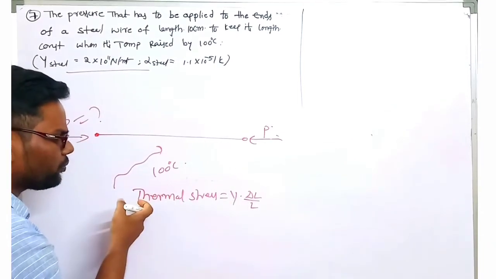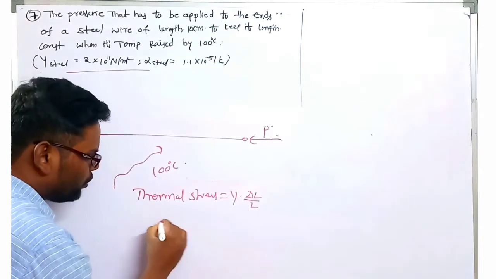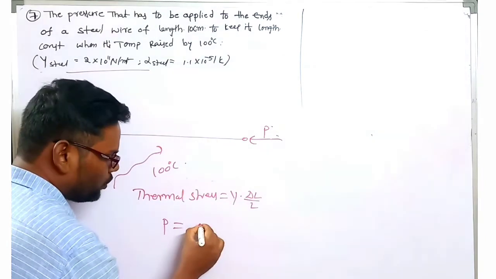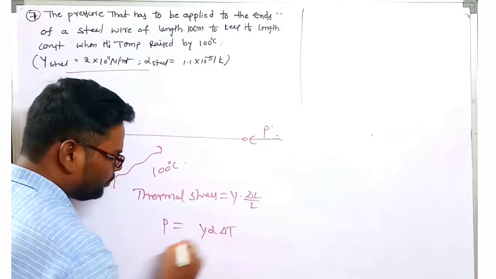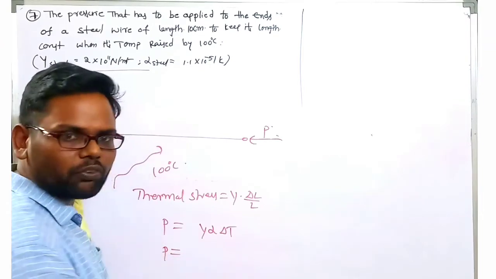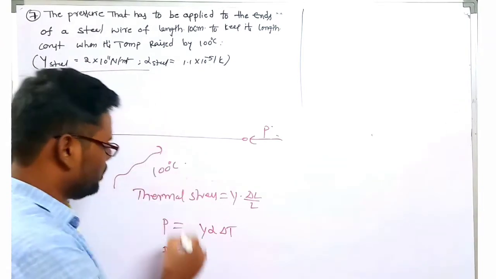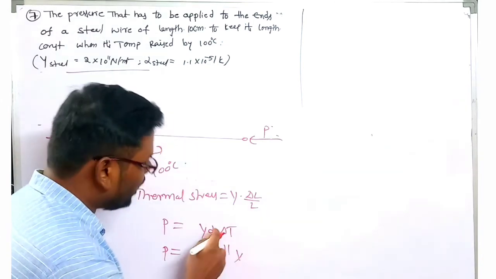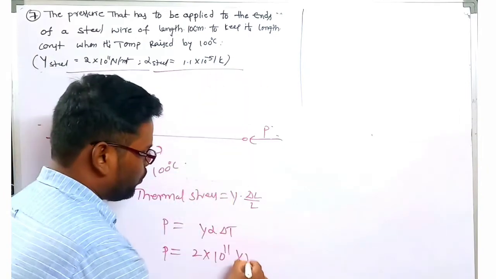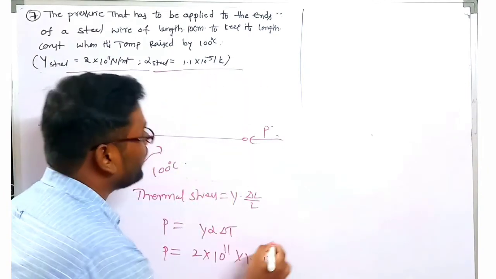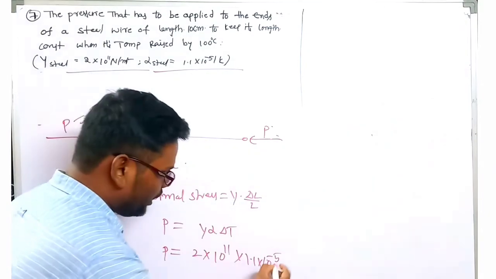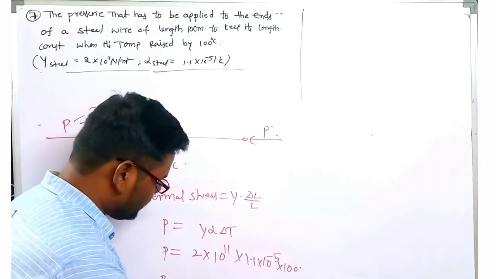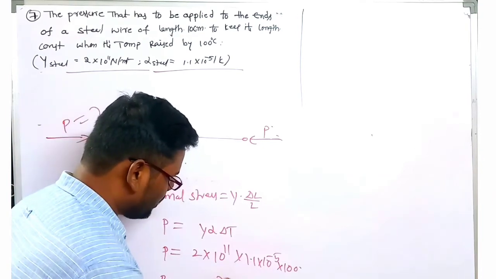We can write the thermal stress as the pressure, so P is equal to Y alpha delta T. In the question itself they have given Young's modulus, 2 into 10 to the power of 11, alpha is 1.1 into 10 to the power of minus 5, and delta T is 100. By solving this, we will get the pressure value, that is 22 into 10 to the power of 7 pascals.